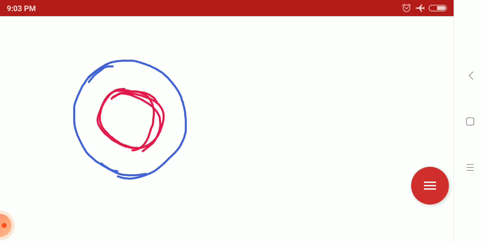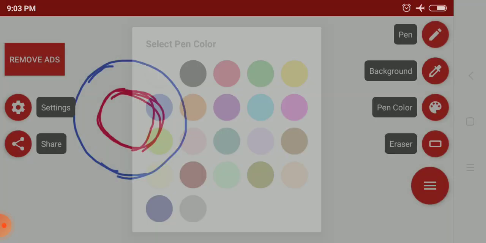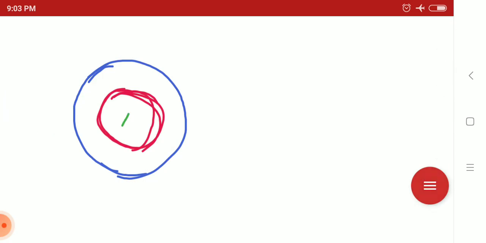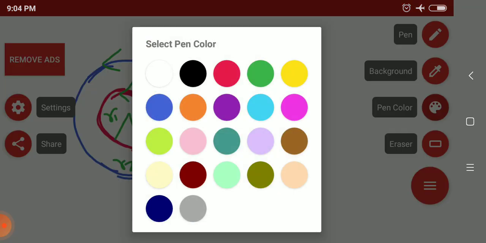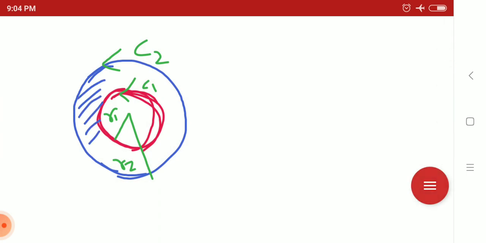Now draw the radii. Here it is radius r1, here it is radius r2. Here it is C1, here it is C2, two closed contours, and the annular region, the region where f(z) is analytic. Shade this portion.